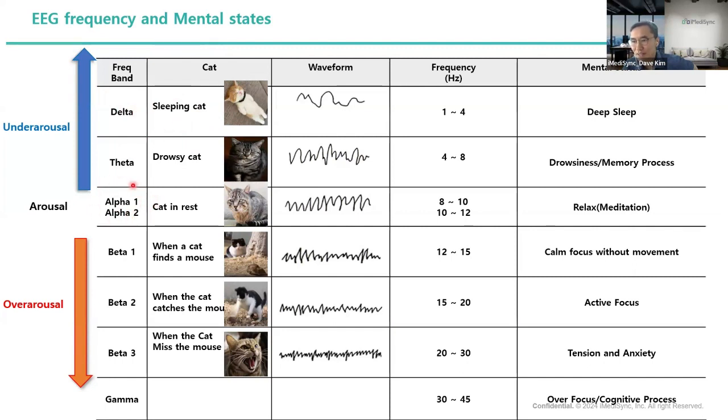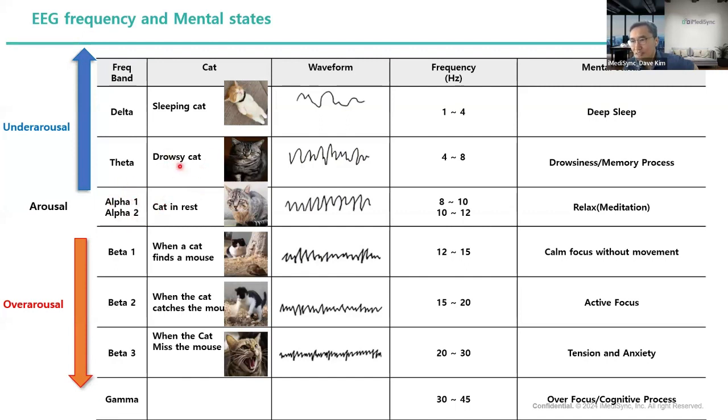Basically, we have the alpha rhythm during rest, and this is the cat analogy. Cat and animal have similar brain rhythms. So the alpha range means resting status. When we relax and meditate, our brain generates more alpha rhythm.